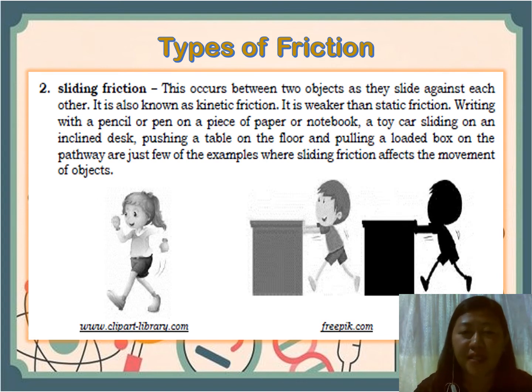Writing with a pencil or pen on a piece of paper or notebook, a toy car sliding on an inclined desk, pushing a table on the floor, and pulling a loaded box on the pathway are just a few examples where sliding friction affects the movement of objects. So from the word itself, slide, sliding friction. That's the second type of friction.